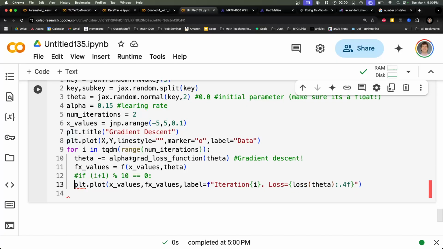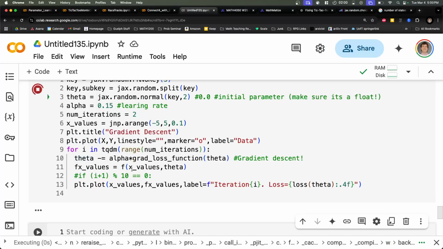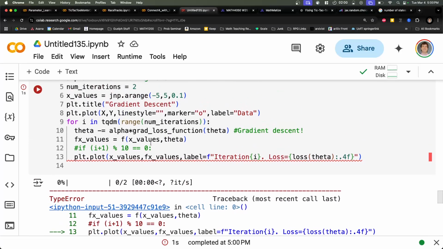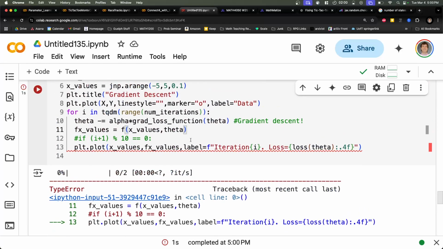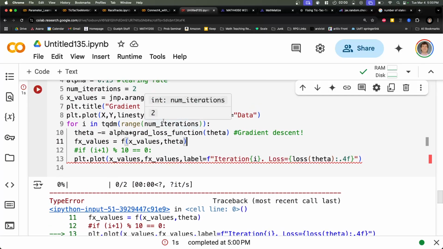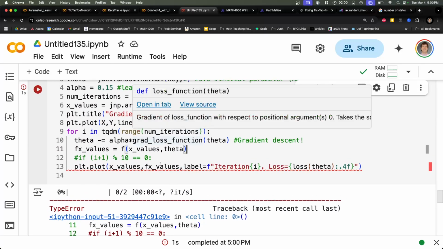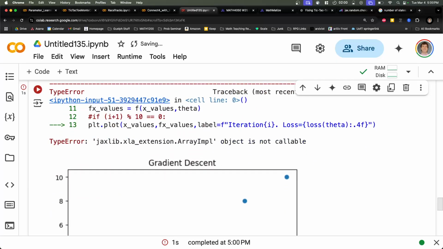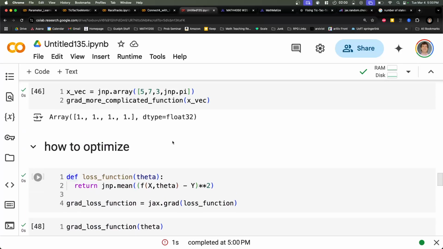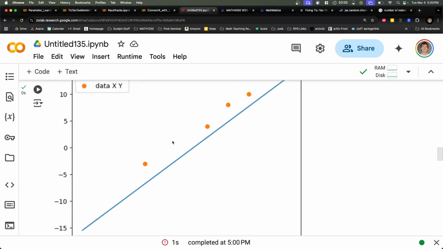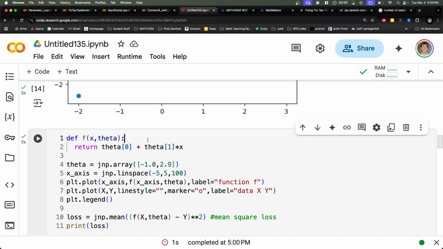Okay. Let's see if this works. What is it not liking? Plot function values, f of x values theta. We don't have an x values. We have an x values. We have a f of x values. It doesn't like that I'm calling the function f. Do we have a function f? f of x theta.